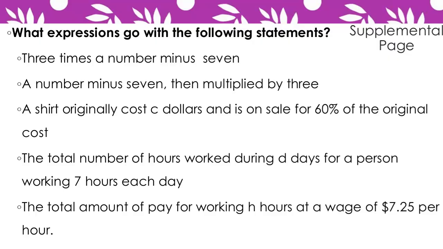I'm sorry. That's okay. No problem. 3 times a number minus 7. All right, the second one, a number minus 7, then multiplied by 3. A number minus 7, then multiplied by 3.